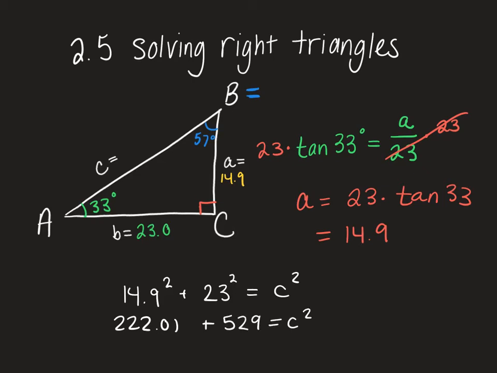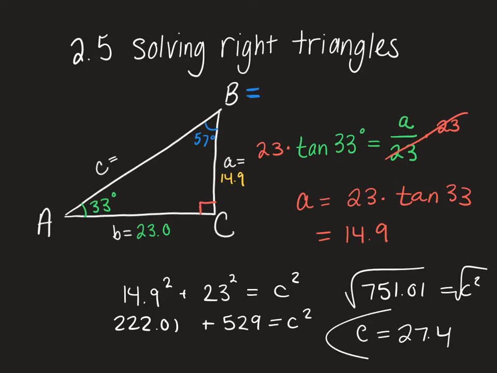So we're going to add those together and get 751.01 is equal to C squared, and then take the square root. So C is equal to 27.4. And that's how you solve a right triangle.